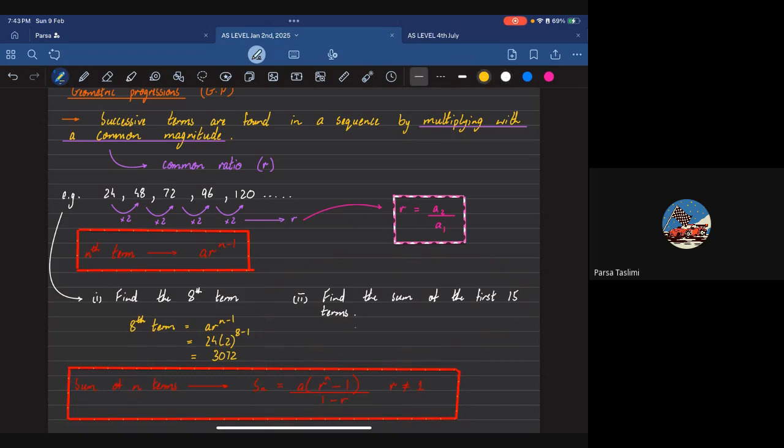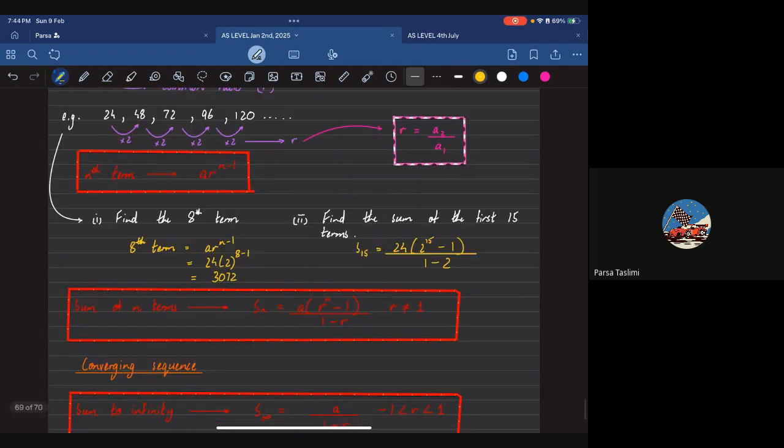So you're just simply going to be like S15 is going to be 24, because it's a times r, which is 2, to the power of 15 minus 1, over 1 minus 2. There is one thing that you guys did not spot.